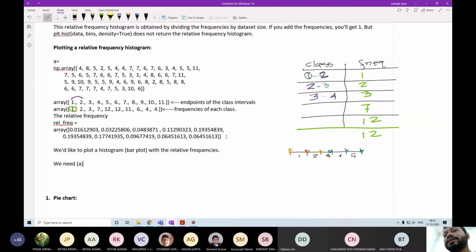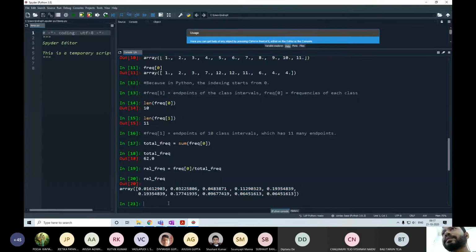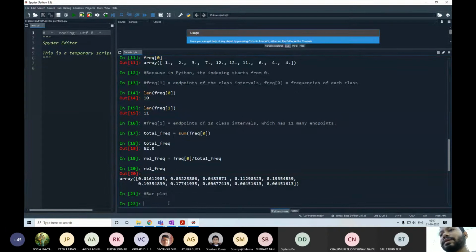We need A, the classes, and B, the relative frequency. Now let me try a command here. Let me see if it works.